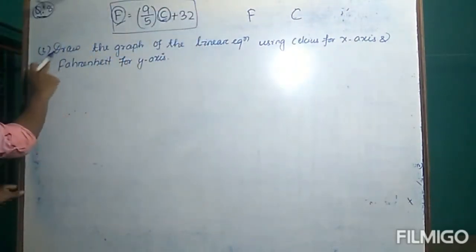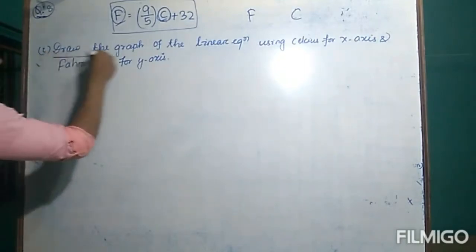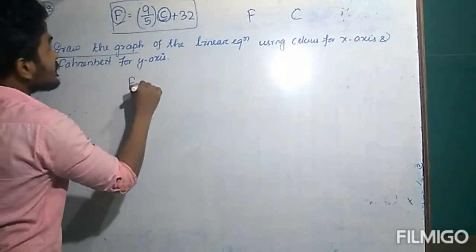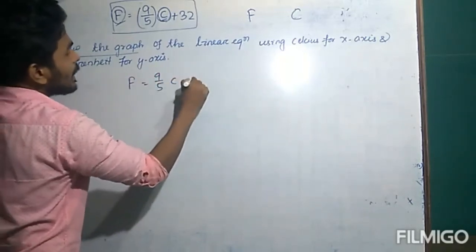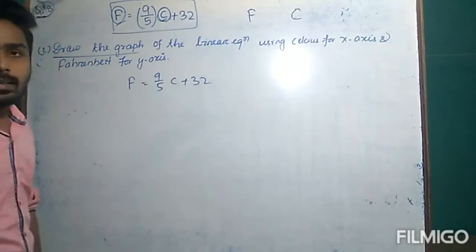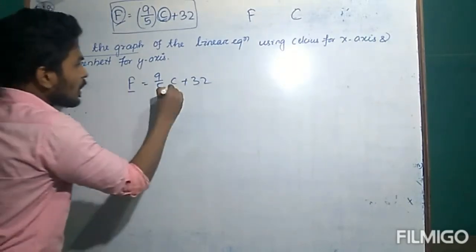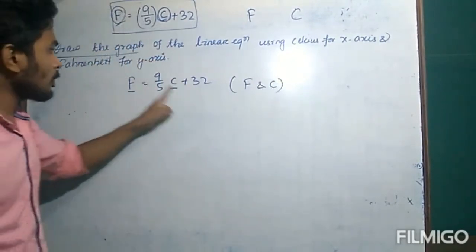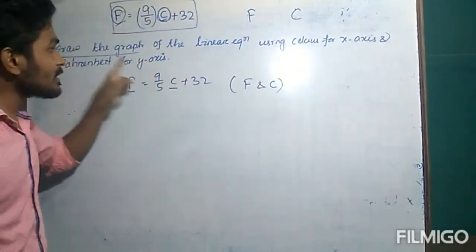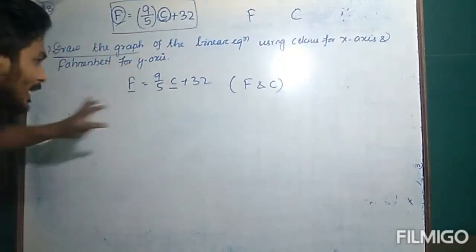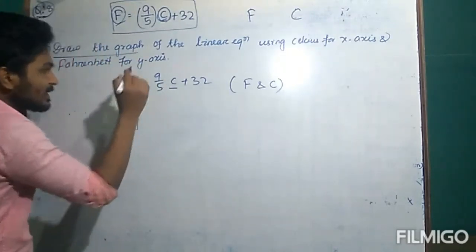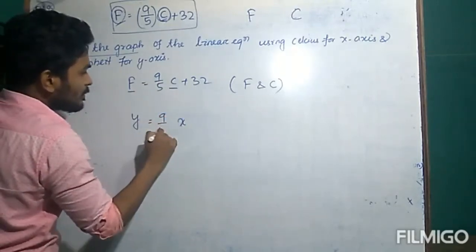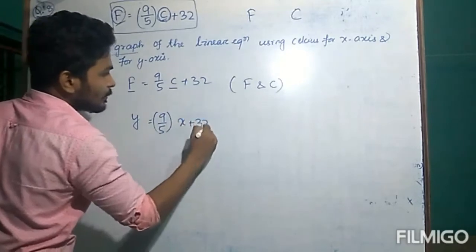So in the first point, you have to draw the graph of this linear equation. The equation is F is equal to 9 by 5 C plus 32. It is a linear equation. Why is it a linear equation? Because there are two unknown variables, F and C. If it is difficult to identify the unknown variables, then you can take F as the y-axis and C as the x-axis.